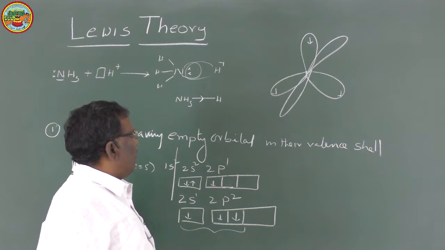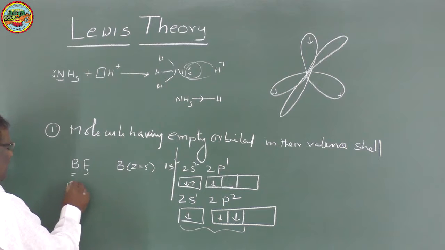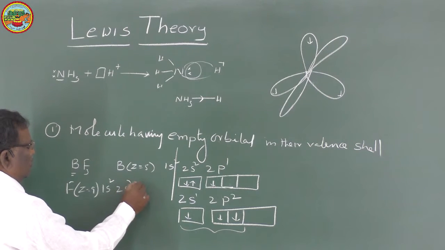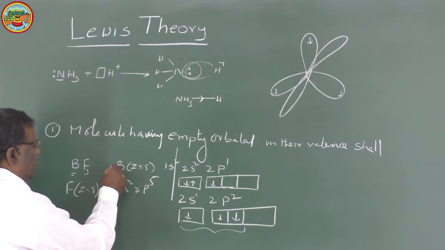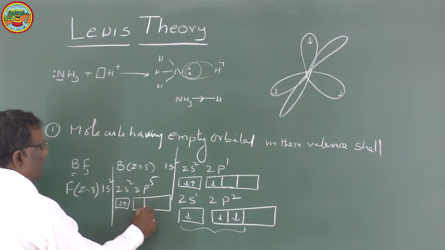Now, when boron forms BF3, each fluorine atom, if you observe, has atomic number 9. So its electronic configuration is 1s2, 2s2, 2p5. In the valence shell of fluorine, we have 2 electrons in the 2s orbital, and in the 2p orbital we have 1, 2, 3, 4, 5.